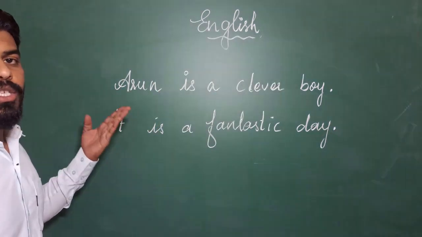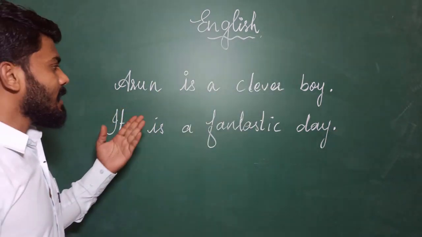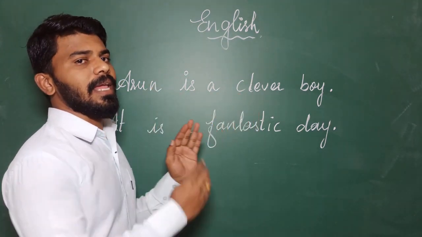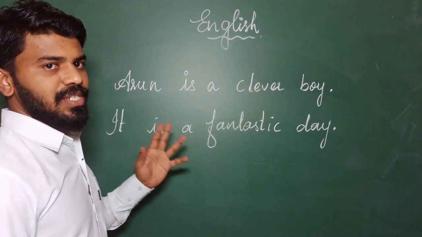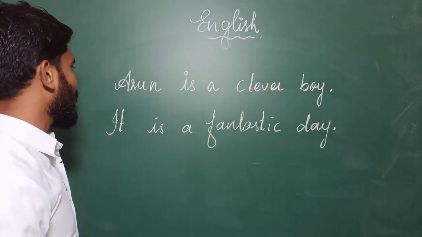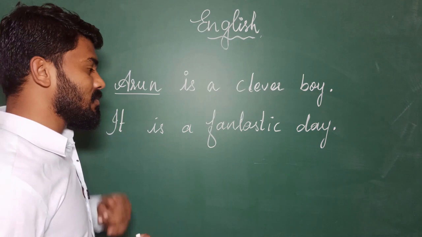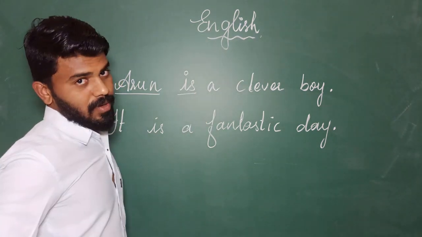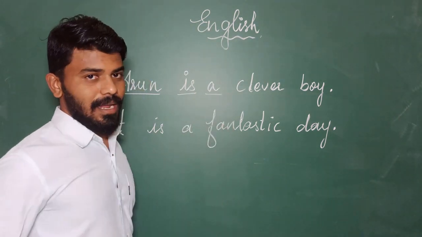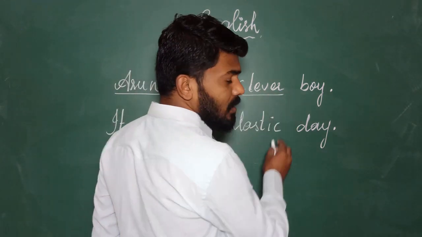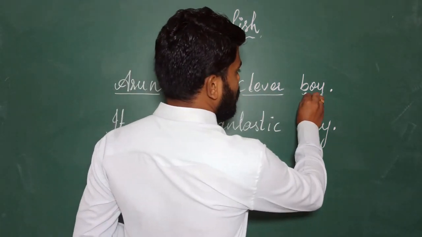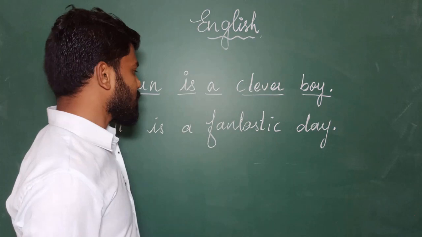Here I have written two sentences. Let us divide the sentences into different parts of speech and check what their functions are. So Arun, we have already learned, is a noun. Is is a verb. A is an article. Clever, we don't know. Boy is again a noun.